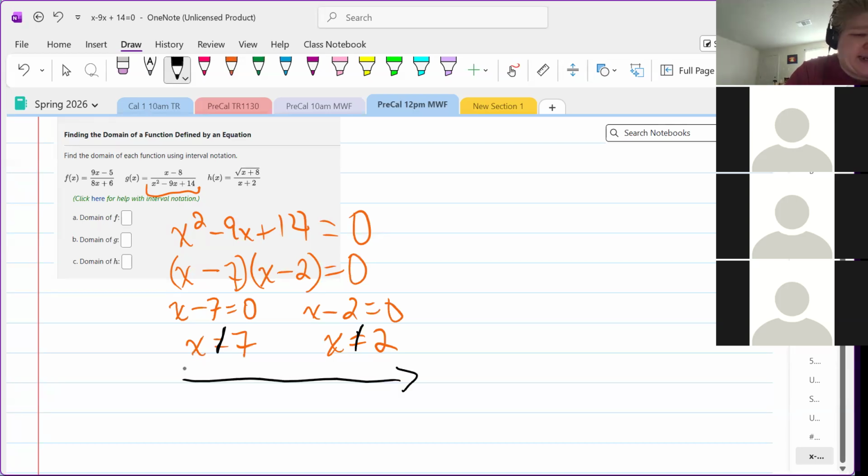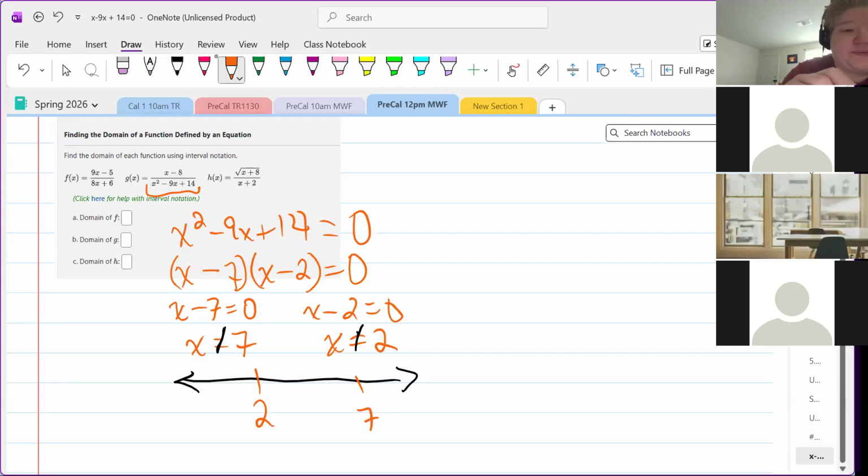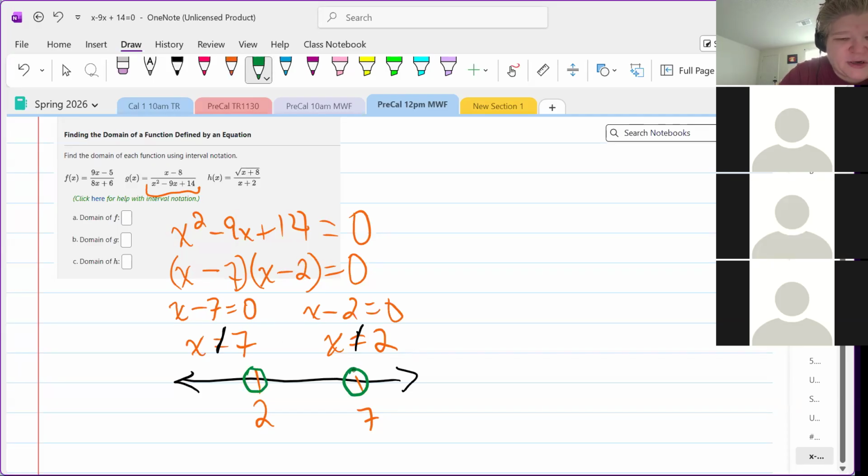So on our number line, I'm going to drop those two values in particular, 2 and 7. So when we say it's not allowed to equal these values, we give them an open circle.